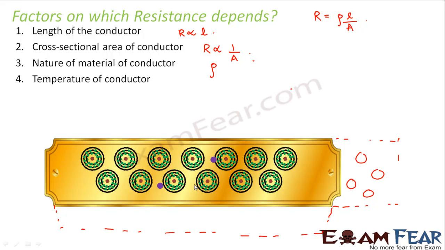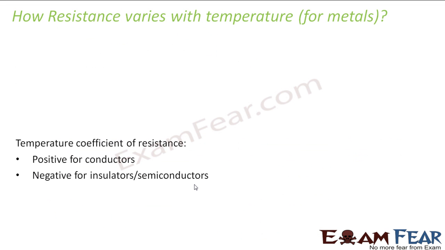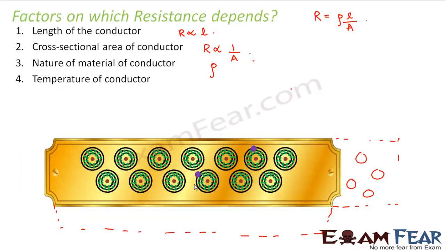Right? Now we will see how resistance varies with temperature. Basically what happens is, when the temperature increases, the random motion of the molecules increases. If you go to the previous slide, you can see that right now these atoms are at rest. That means the metal atoms are at rest. But when we start increasing the temperature, even the metal atoms start vibrating.